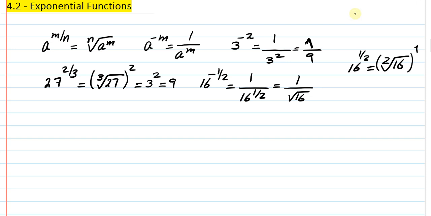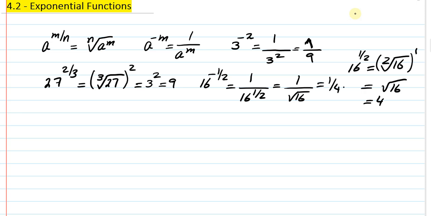What happened to the 1 and 2? Well, the 2 becomes the index. If the index of the radical is 2, we simply call that the square root. And if the exponent is 1, we simply don't write it. So that's why 16 to 1/2 is written as the square root of 16, which of course is 4. So this is going to be 1/4.